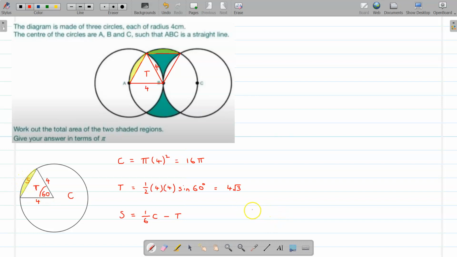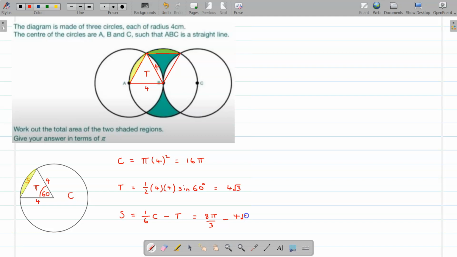Well, we've already worked out C and T, so we just need to substitute to find what's left in terms of pi. So 1/6 of C is 16 over 6 pi, because we've got 16 pi here. If we divide that by 6, we get 8 pi over 3, and the triangle T we've just worked out to be 4 root 3.